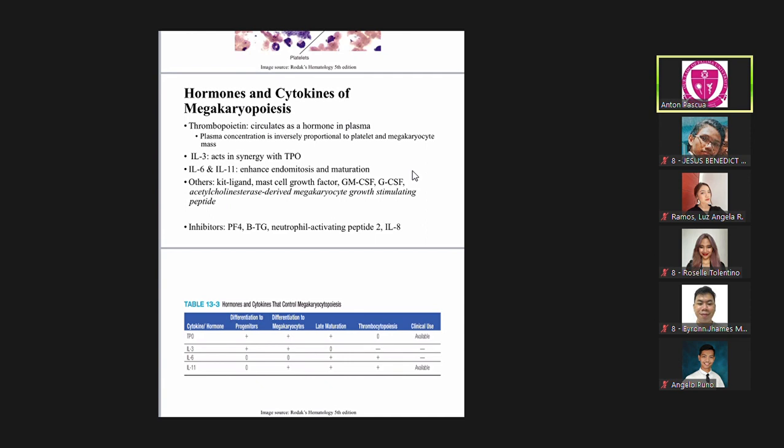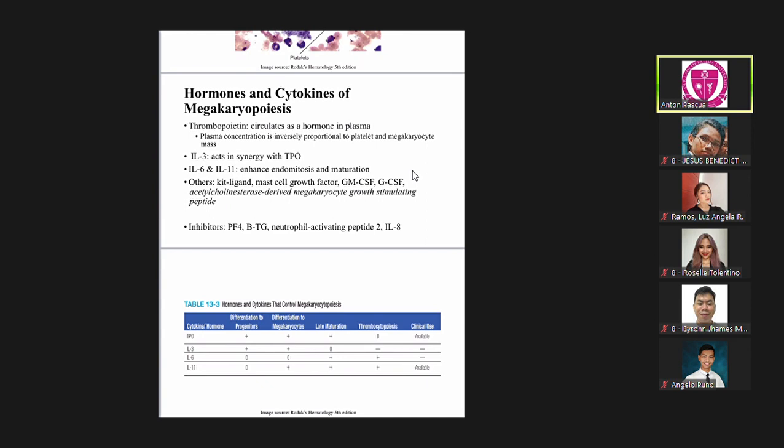But at the same time, you also need to control them. So that's why there are also certain inhibitors that will initiate the stoppage of this cell production. Or these inhibitors will then lessen the production of that particular cell. So check and balance lang, remember.